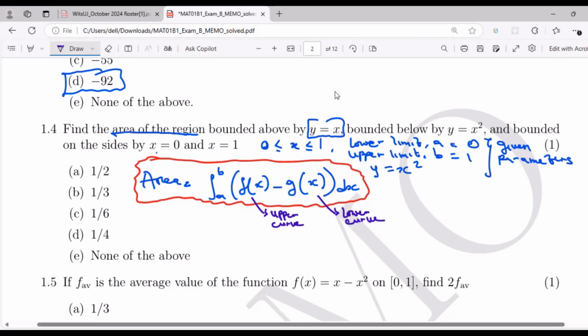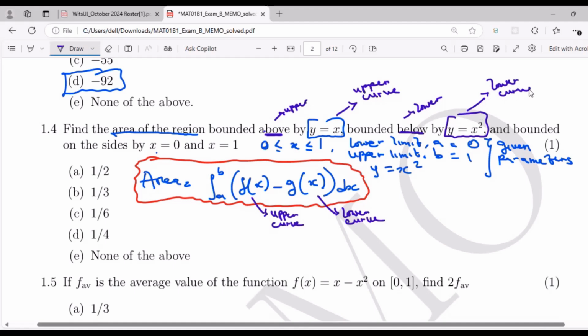So you can see, in this case, above means upper, right? So that means this is our upper curve. And they said below. Below means lower, right? So that means this is our lower curve.